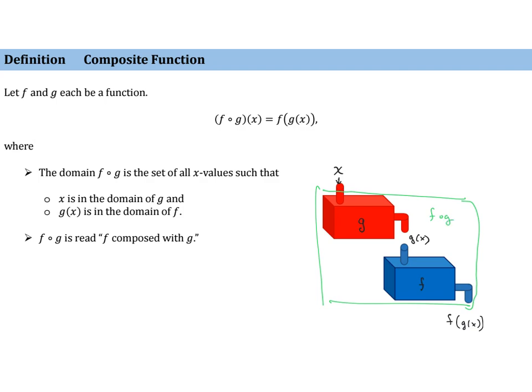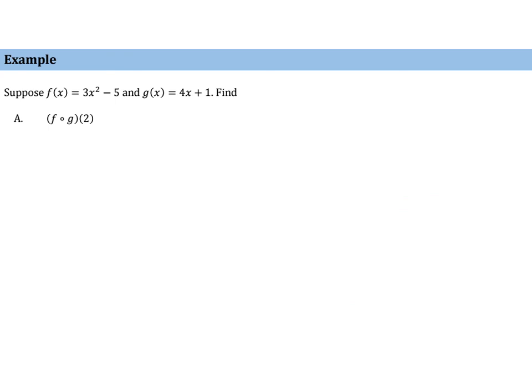So let's take a look at an example. So here we have f of x equals 3x squared minus 5, and g of x equals 4x plus 1. So we want to find f of g of 2.